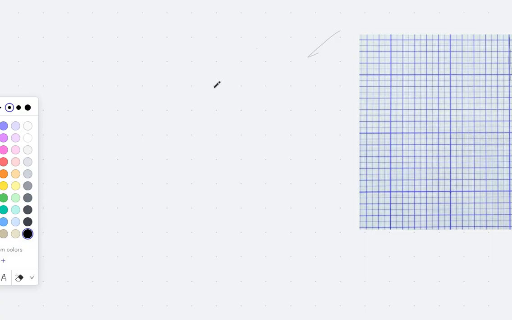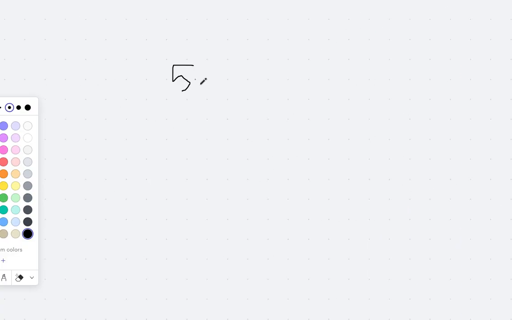Let's just say we have an equation 5x plus 3. This 3 is actually the y-intercept. So this is the y-intercept, which is equal to (0, 3).